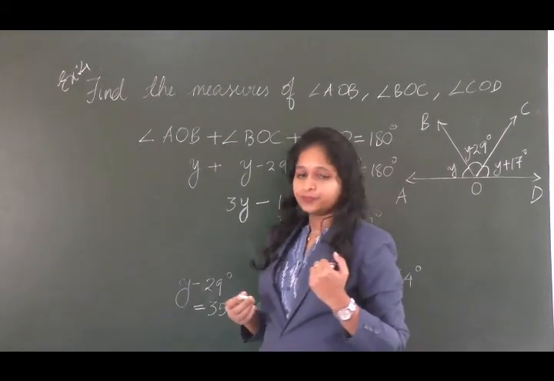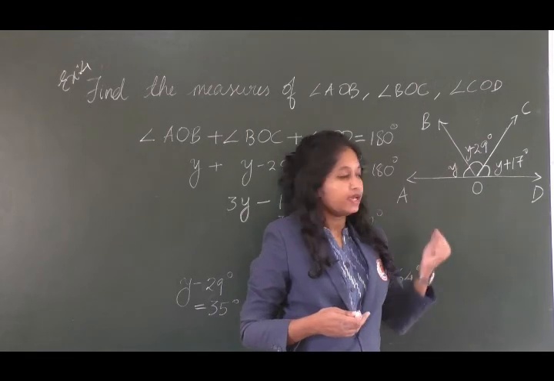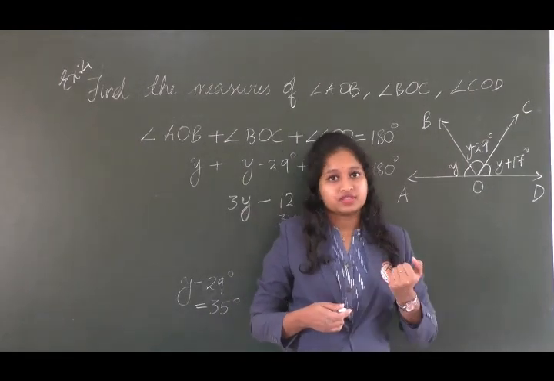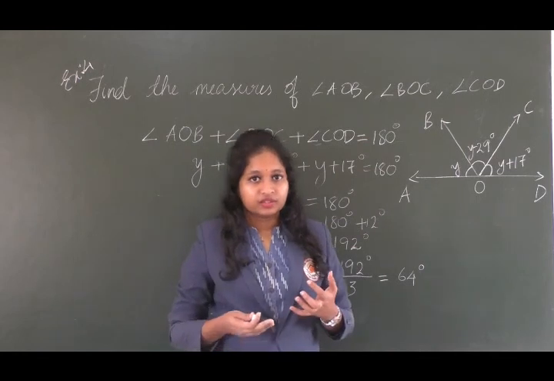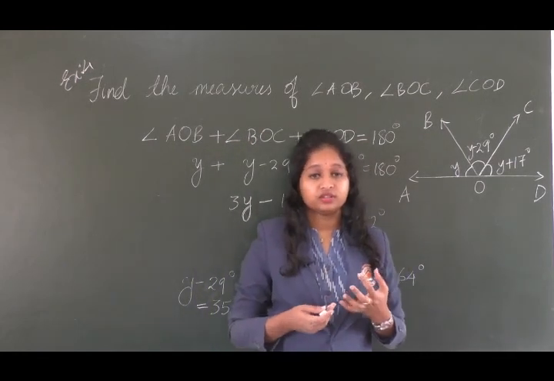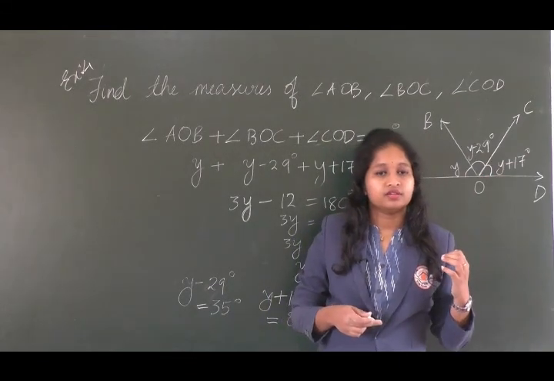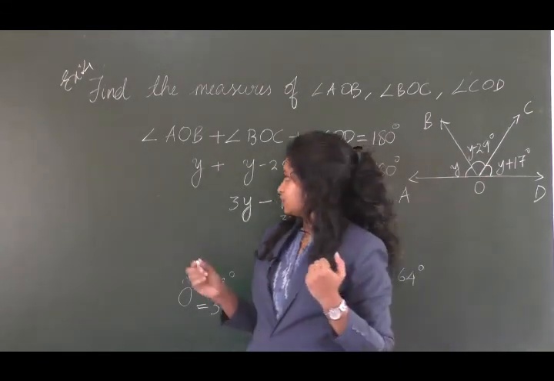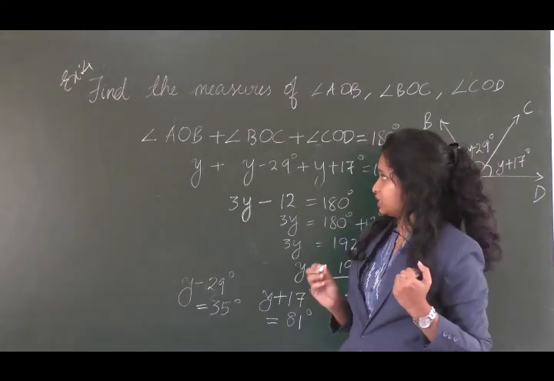Okay, so since all these angles lie on a straight line AD, isn't it? Since it lies on a straight line, we can conclude that the sum of all these angles is equal to 180 degree.